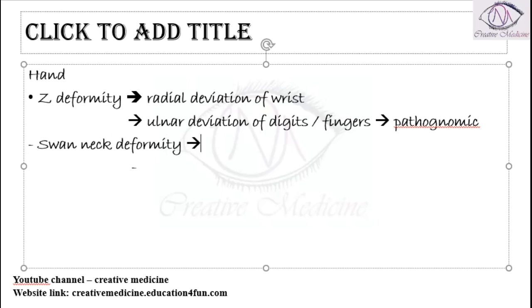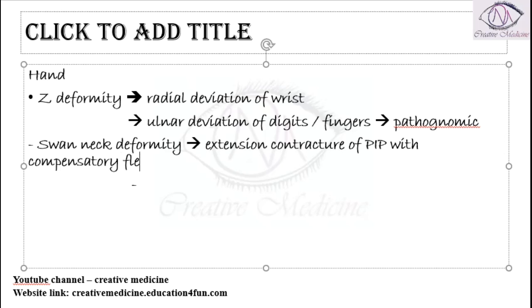Swan neck deformity is mainly due to extension contracture, where there is extension of the proximal interphalangeal joint along with compensatory flexion at the distal interphalangeal joint. Extension at the proximal interphalangeal joint and flexion at the distal interphalangeal joint will result in swan neck deformity.